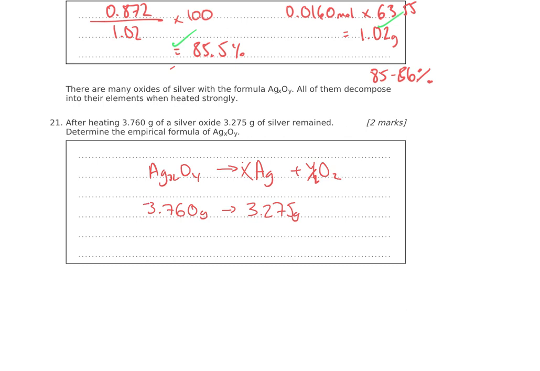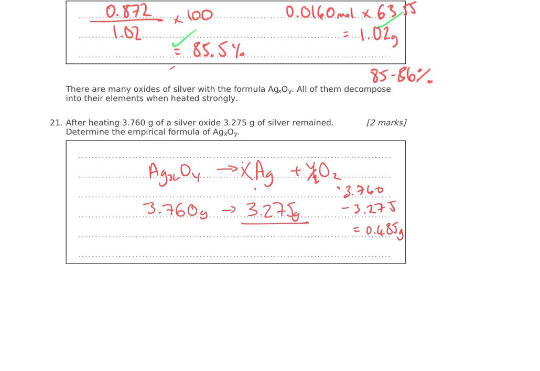So that means for the mass of oxygen, it's going to be 3.760 minus 3.275 grams. It's going to be 0.485 grams of oxygen.